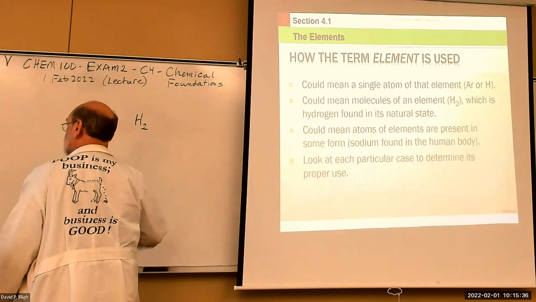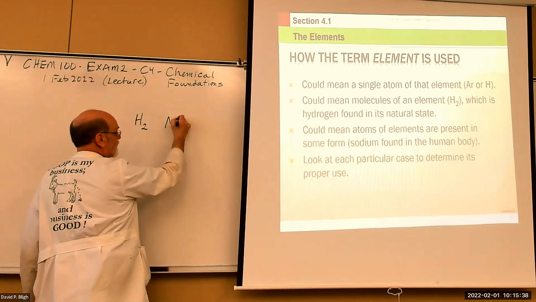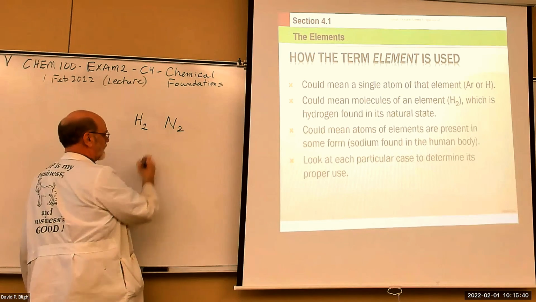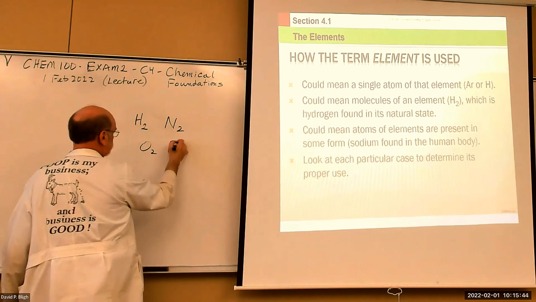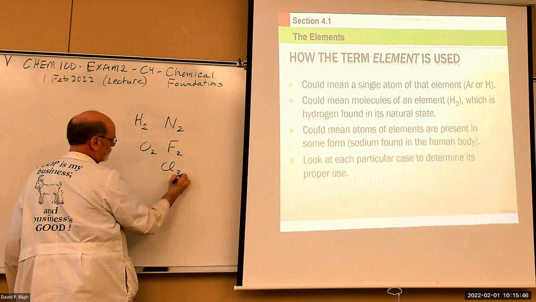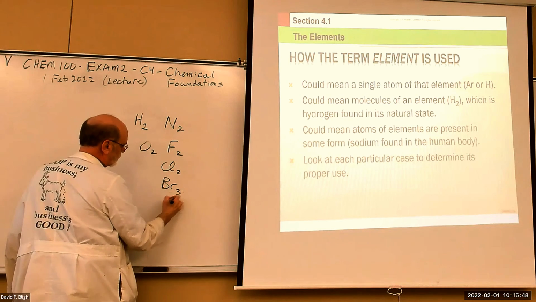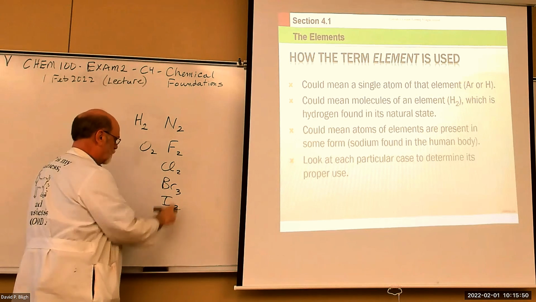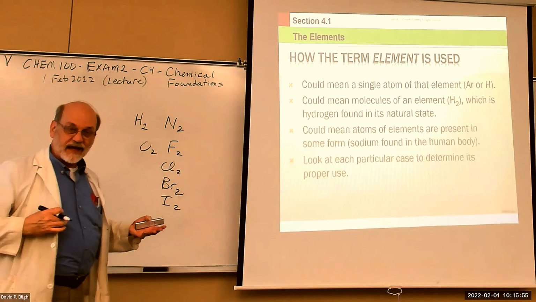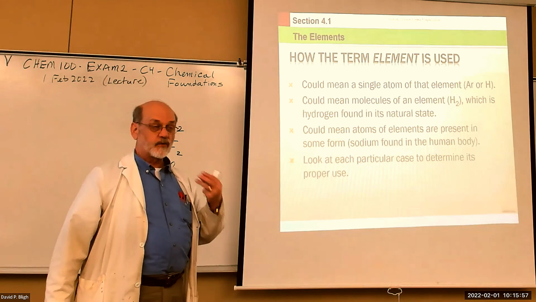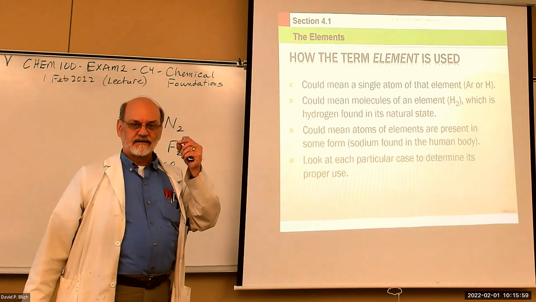It's the same way with nitrogen and oxygen and fluorine and chlorine and bromine and iodine. They're all diatomic elements. In other words, that's the way they exist in nature.